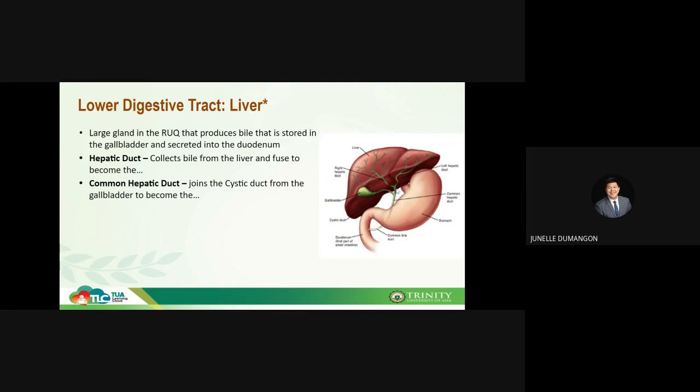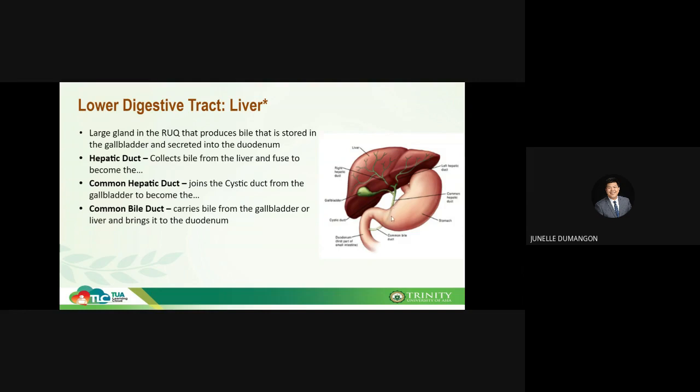Now, the common hepatic duct will combine with the cystic duct. What is the cystic duct? Yun naman yung tube from the gallbladder. So common hepatic duct plus cystic duct equals the common bile duct. Bakit siya common bile duct? Because the bile from the liver will combine with the bile from the gallbladder.